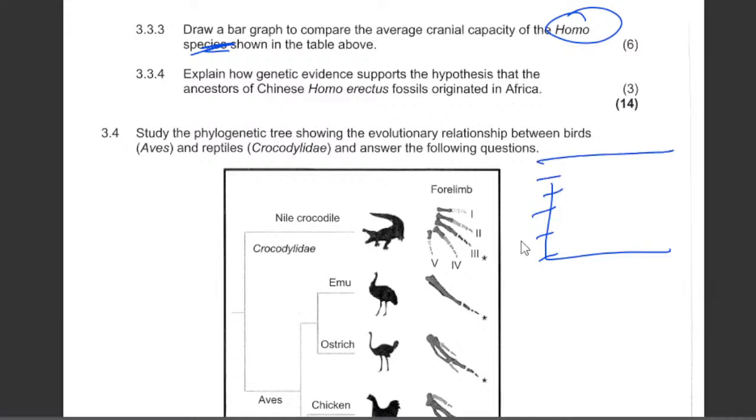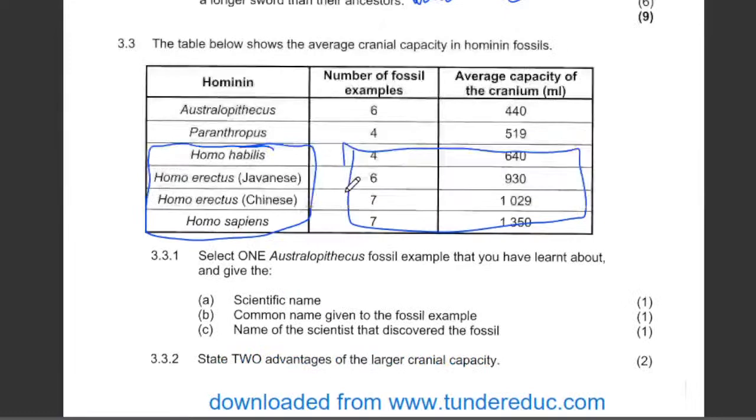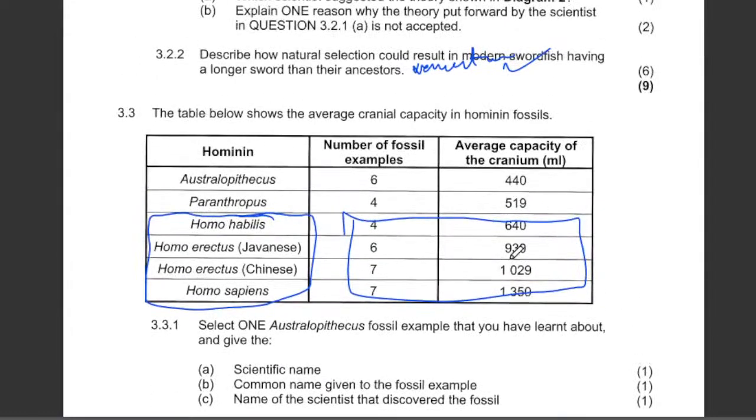Did you give the caption? Did you give what is here? You put the names, the spaces are correct, and the scale is supposed to be the same, depending on the scale used. The smallest is 640, the biggest is 1350.